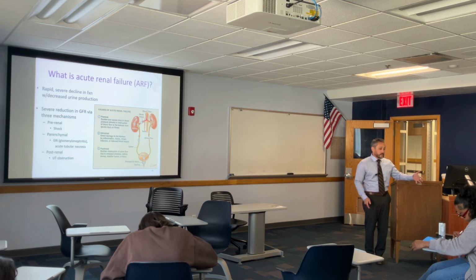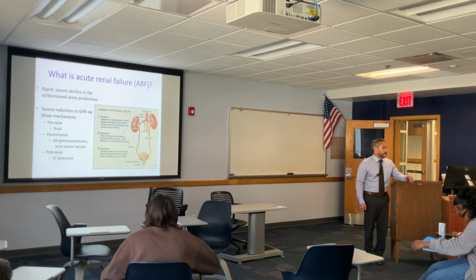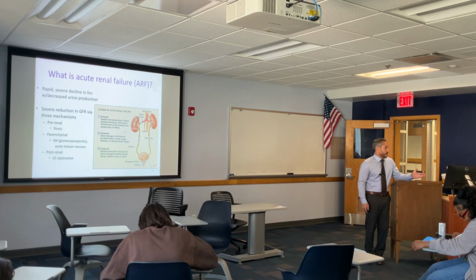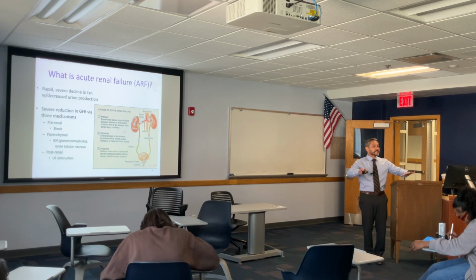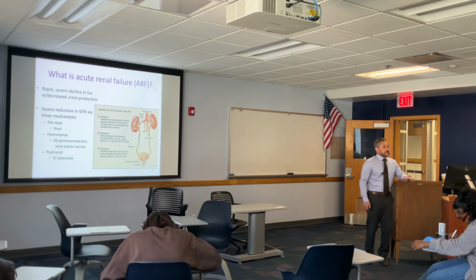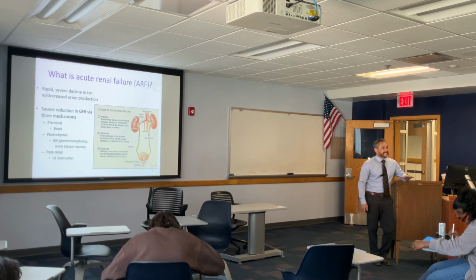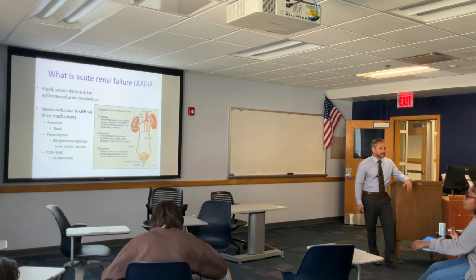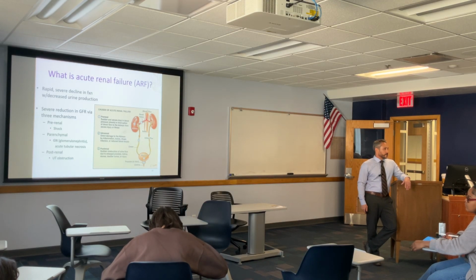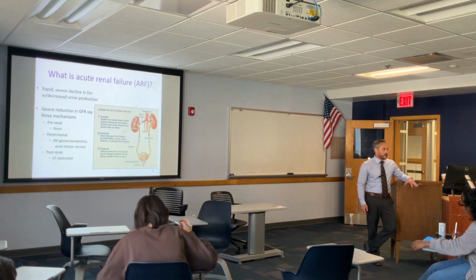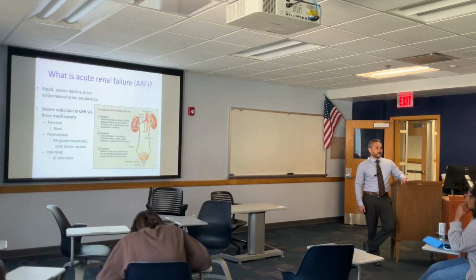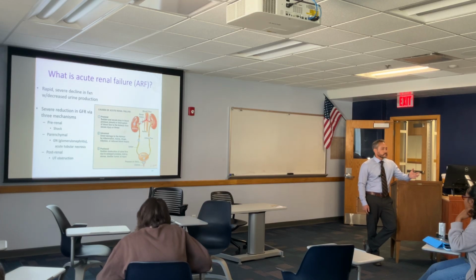You don't move them, you stabilize, and then you get IV access and get a line in to get fluids. Once the patient is stabilized, if they've lost large amounts of blood, the next thing that you're worried about, between the brain and the heart, are the kidneys. The third thing that you're worried about is kidney function. So pre-renal, from shock or large amounts of blood volume being lost, that's when the kidney can basically die.